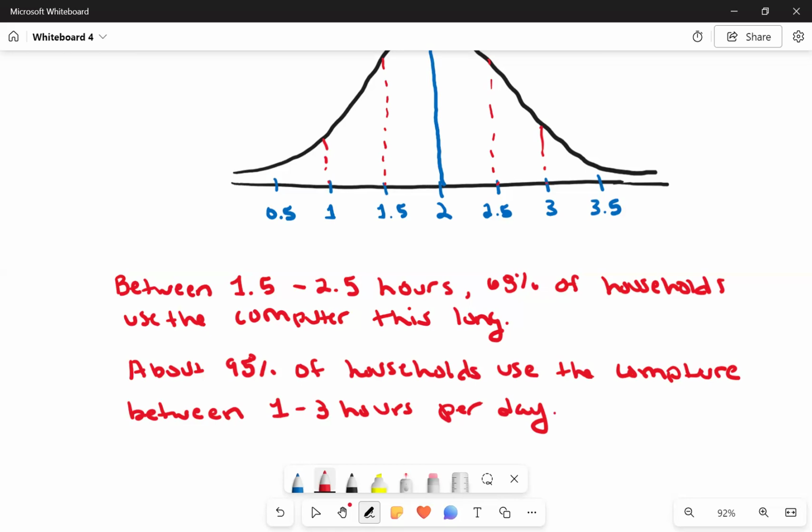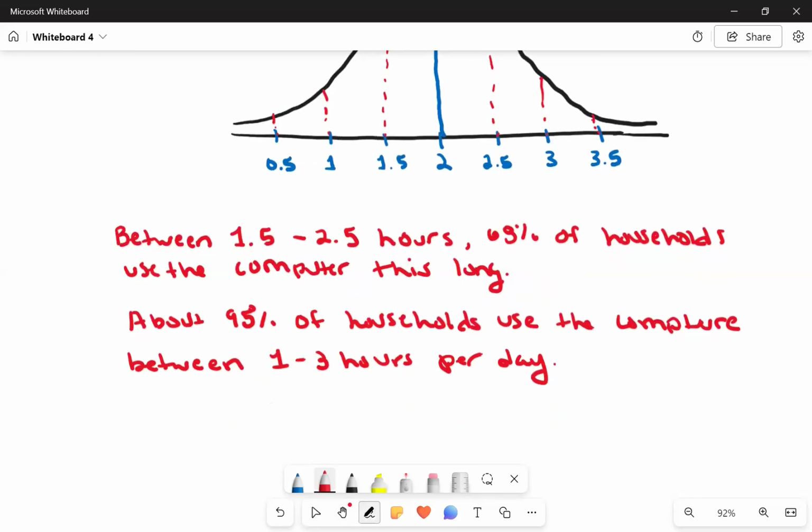Take a second then and write what it would be for 3 standard deviations. Maybe pause the video, write it yourself, and verify that you'll write it the same way. All right.